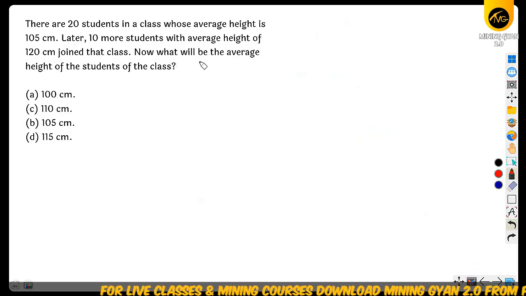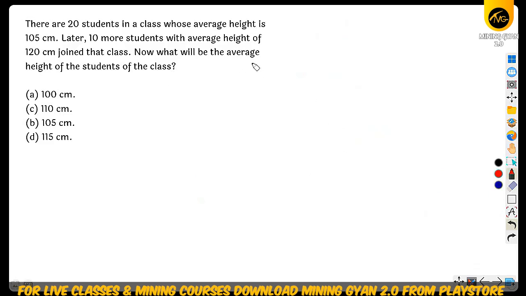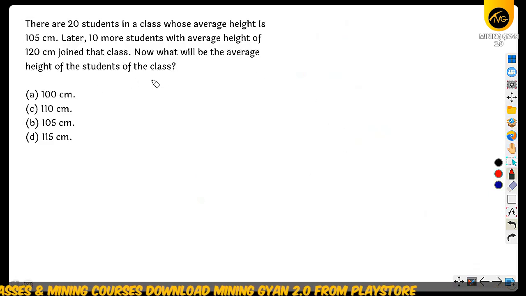Okay, now what will be the average height of the students of the class? Now that new people have come, the average height will change. So we have to find out the new average height of the students of the class, the average of height basically.